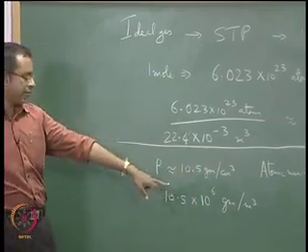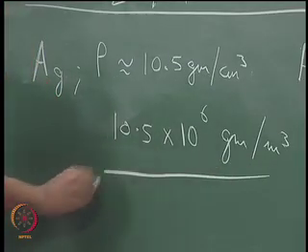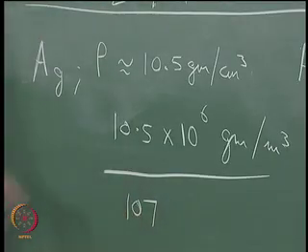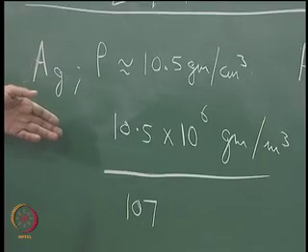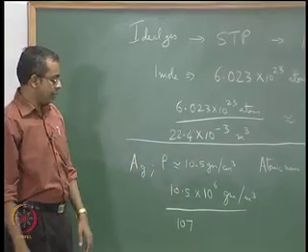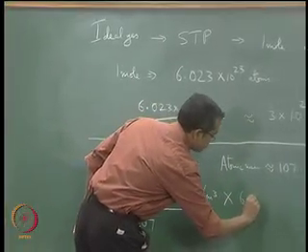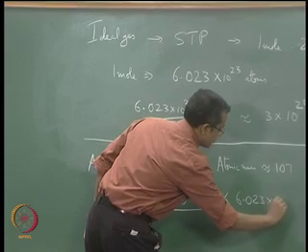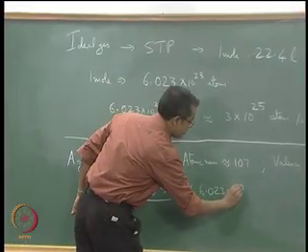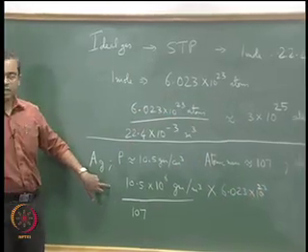So many grams per meter cube you will have of silver, and if you divide this by its atomic mass 107, that will give us the number of moles of silver per meter cube, and if you multiply this by your Avogadro number, this now gives us the number of atoms of silver per meter cube.